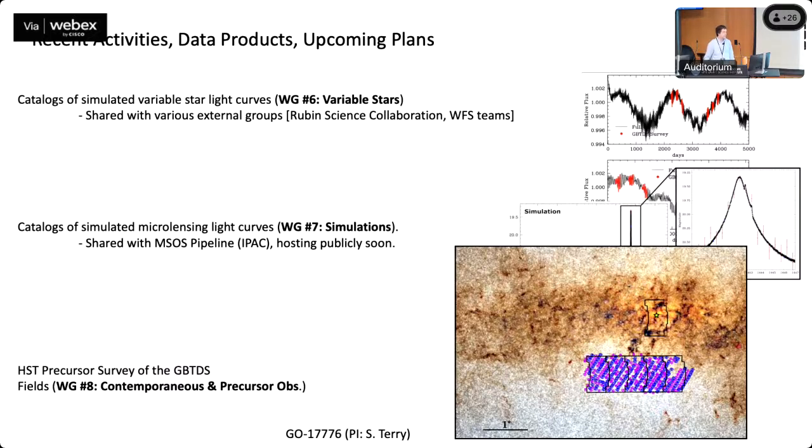So maybe something like the RIC, or the RBIC, Roman bulge input catalog. Anyway, very cool ideas that can be done with a precursor data set before the GBTDS has its own catalog that it'll generate, of course.